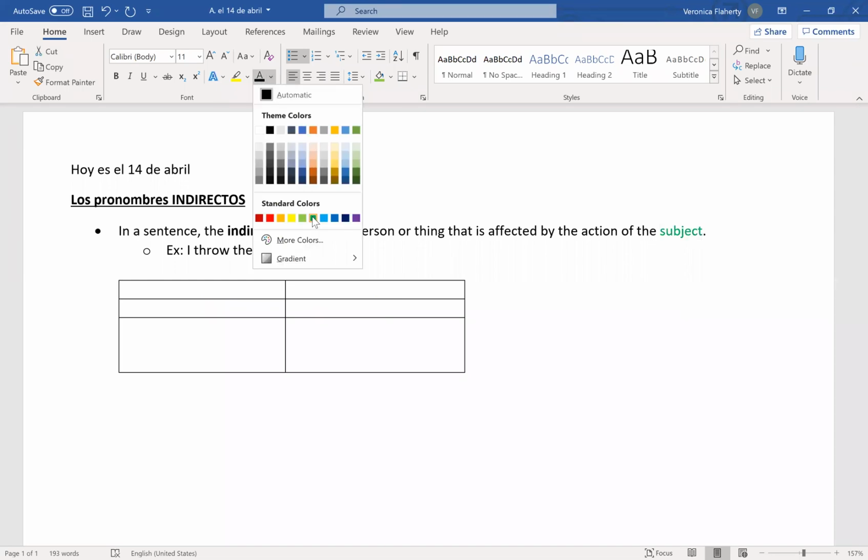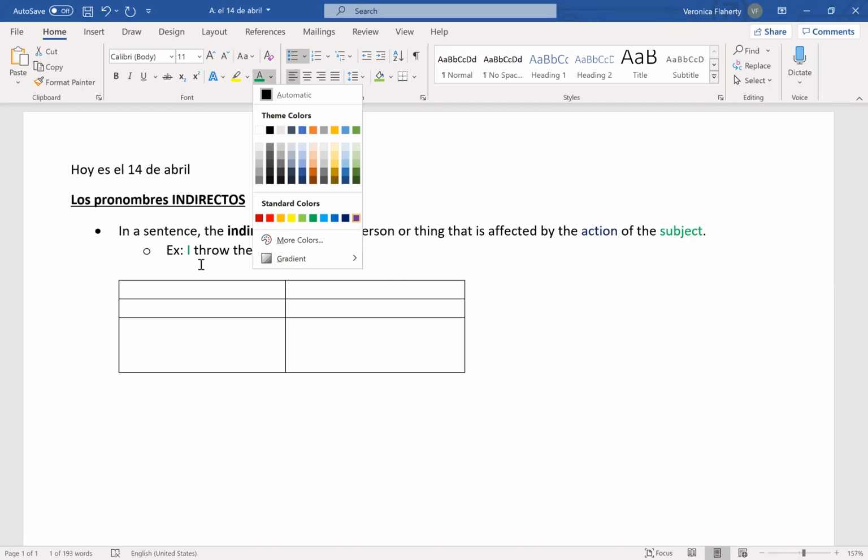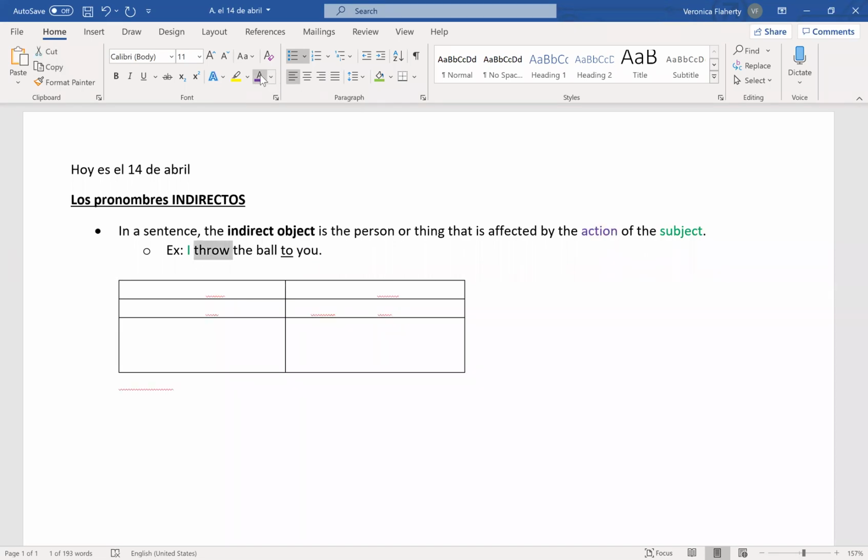I. Yep. And what's the action? Throw. Yep. So we have our subject and our verb. And then we have the ball and to you. Which one is the indirect object? To you. Yeah.